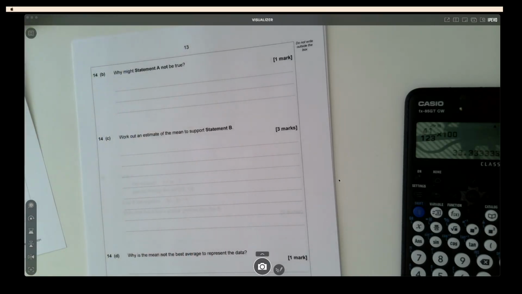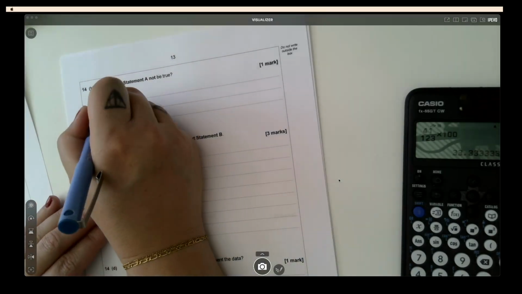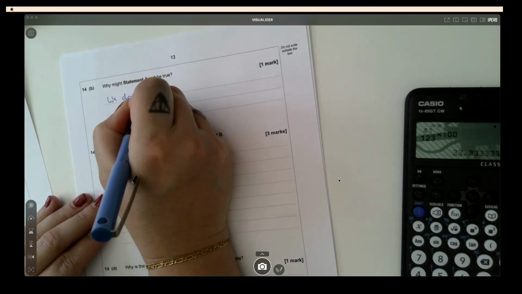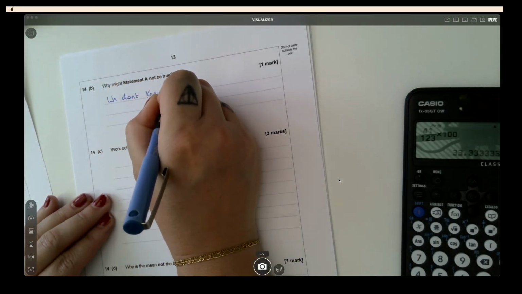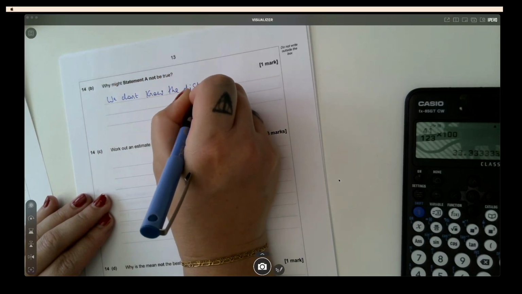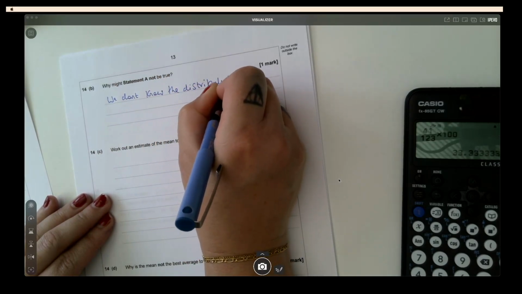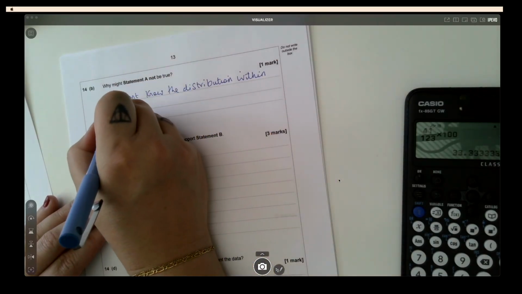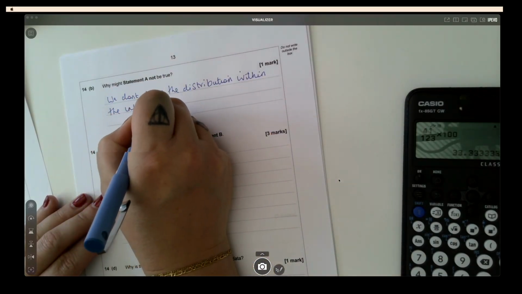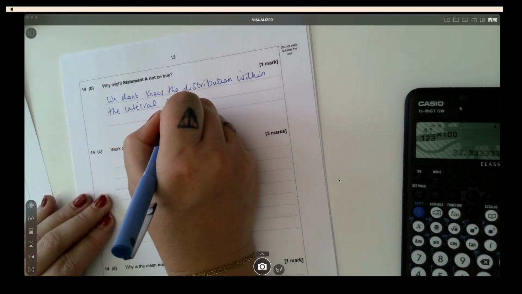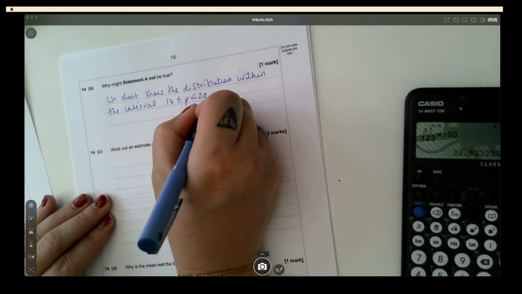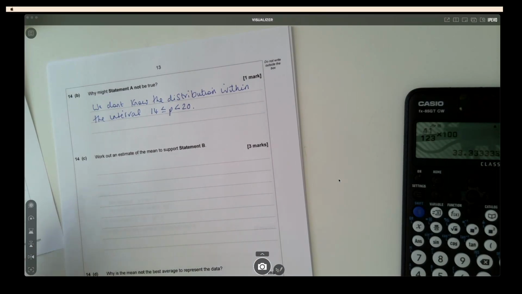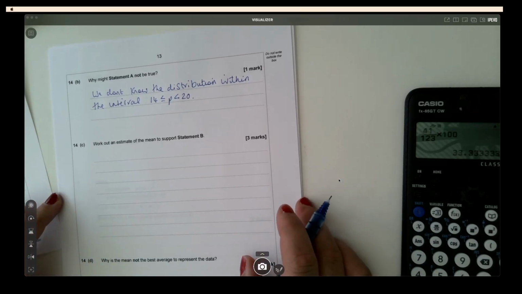So what we have to say there is we don't know the distribution within the interval, and that's the 14 to 20 interval. So it's as simple as that. We assumed that with it being the midpoint, it was half, but we don't know that exactly because we don't have all of the data.